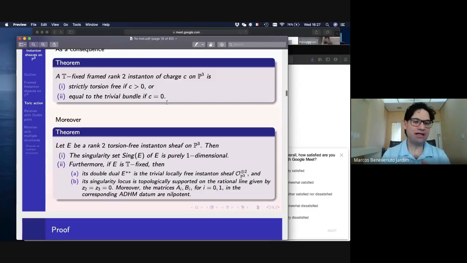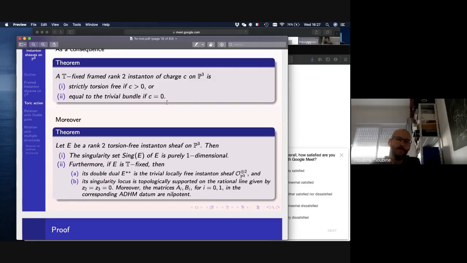If you have a solution of the ADHM equations for which the matrices A and B are nilpotent and J is 0, then is this a fixed instanton? I don't know, but maybe not.